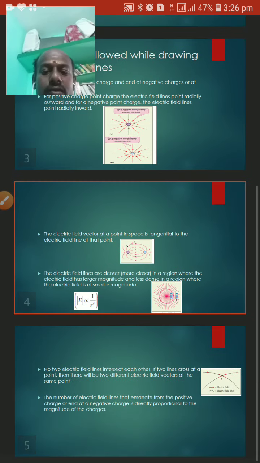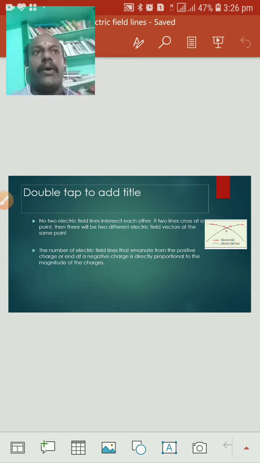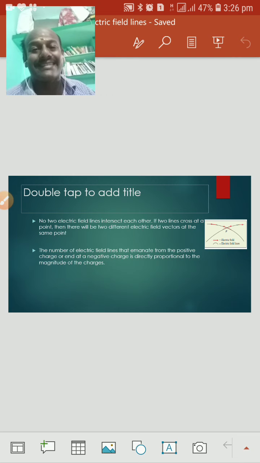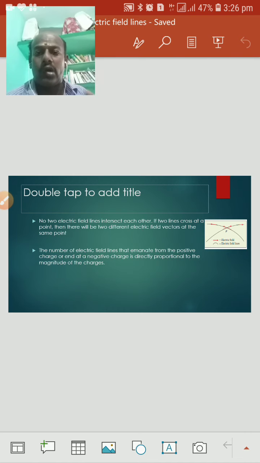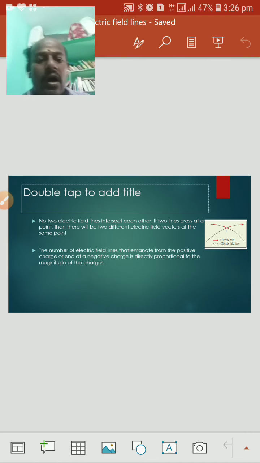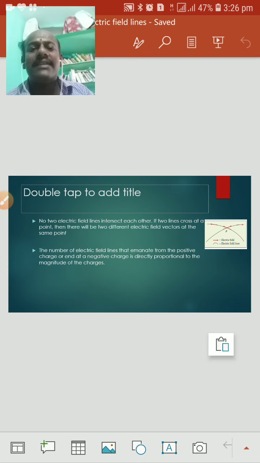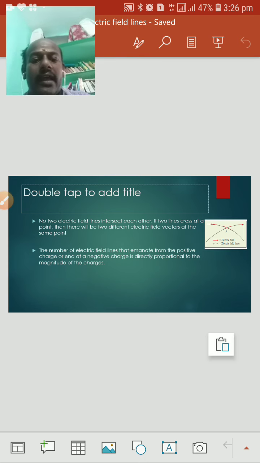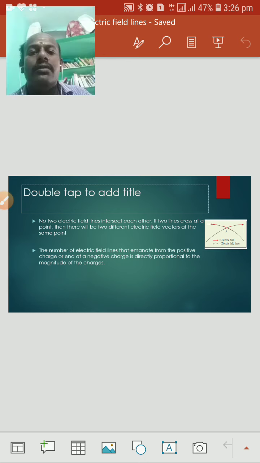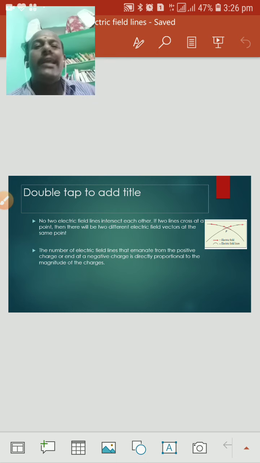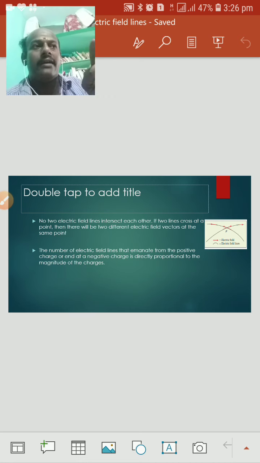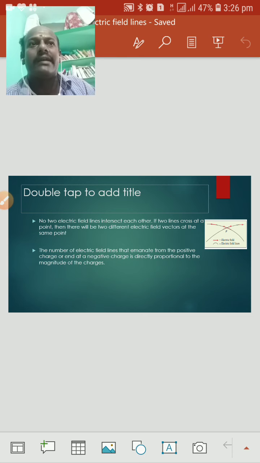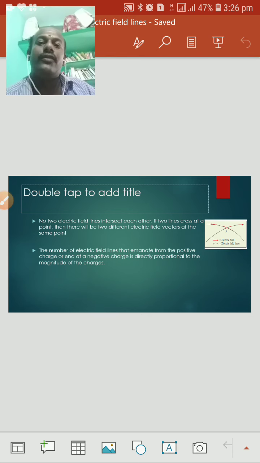And the last but not the least, a very important point: no two electric field lines intersect. We may ask why the electric field lines will not intersect. Because if the electric field lines intersect, as you can see in the diagram, there will be an intersection point. In the third point I told you the direction of the electric field is given by the direction of the electric field lines.